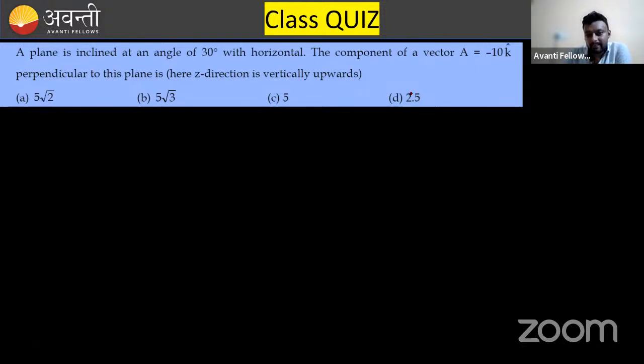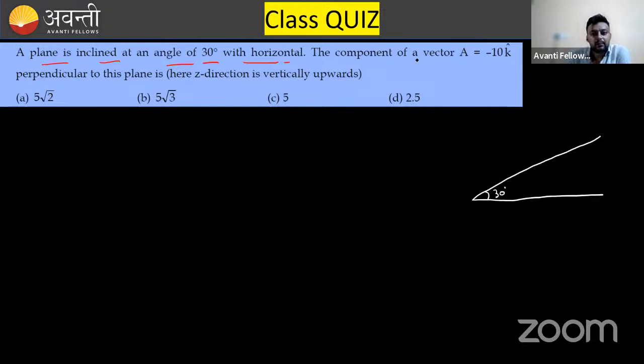To the question again. A plane is inclined at an angle 30 degree with the horizontal. So I will just guide you through the question. After that, I will give you some 10 or 20 seconds to answer. So there is an inclined plane of inclination 30 degree with the horizontal, something like that.